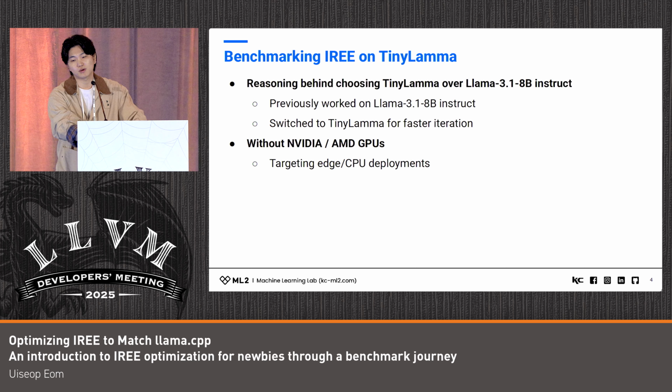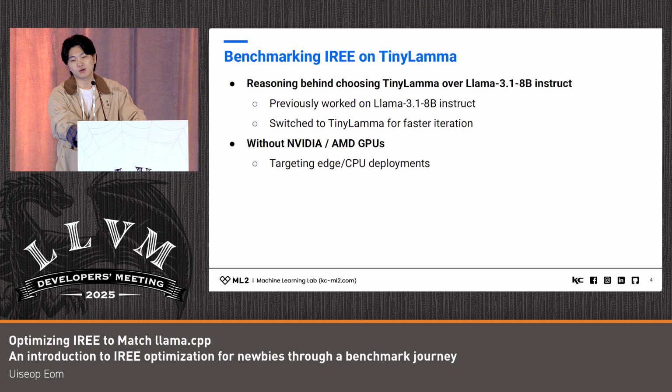So we started benchmarking this IREE project, which is based on MLIR, on Tiny Llama. At first we started out with Llama 3.1 8B Instruct, but later on we decided on using Tiny Llama, basically for faster iterations, because our main goal was targeting edge devices, as our research group is more focused on robotics and edge devices.